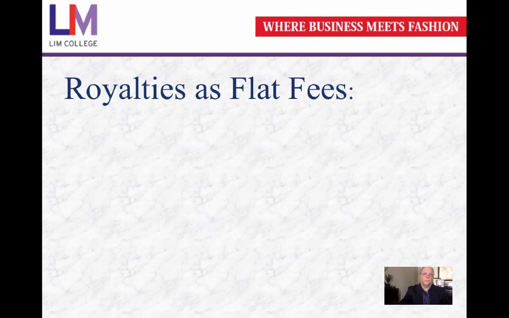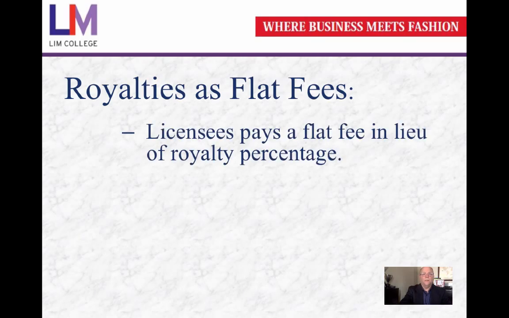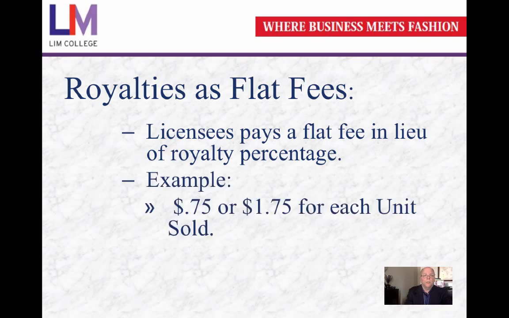Royalties are sometimes calculated as flat fees. The licensee pays a flat fee in lieu of a royalty percentage. This can happen. It doesn't happen that often. Example, the royalty would be just a flat 75 cents or $1.75 for each unit sold. So it's not based on a percentage. If the good sells for $20, the licensee makes a profit.